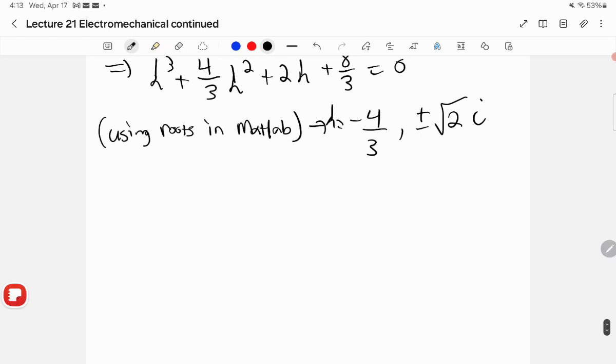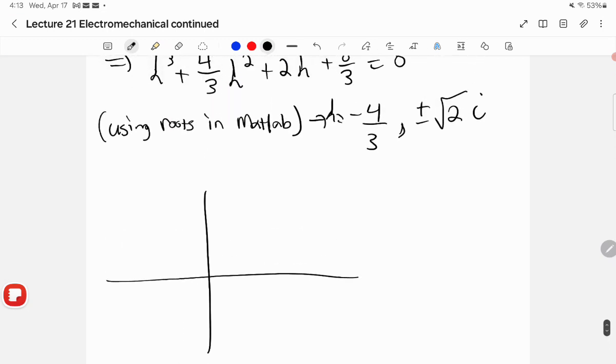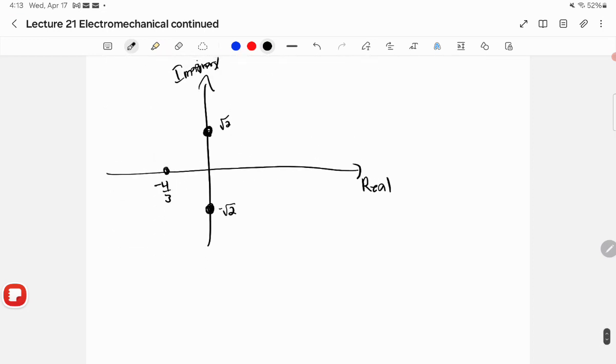Okay, so those are my 3 eigenvalues, and if I plot these eigenvalues, what I get is something like minus 4/3 and plus or minus square root of 2. This is going to be the imaginary axis. And this is the real axis. So then I get these.